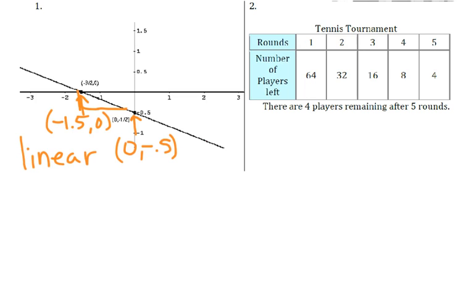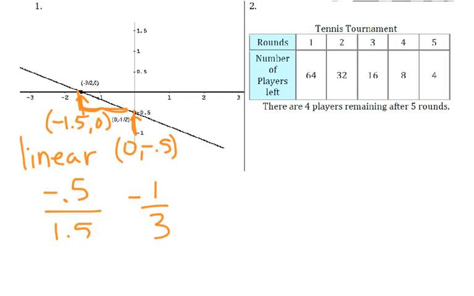So its slope would be negative 0.5 over 1.5, because we're moving 1.5. Which if we wanted to double that, would basically be negative 1/3. So as it goes down 1, it's going to the right 3.